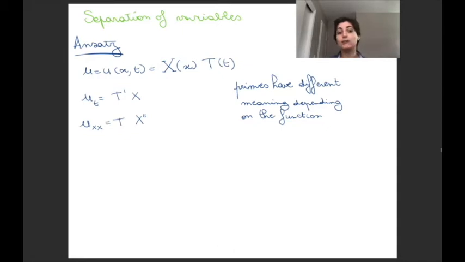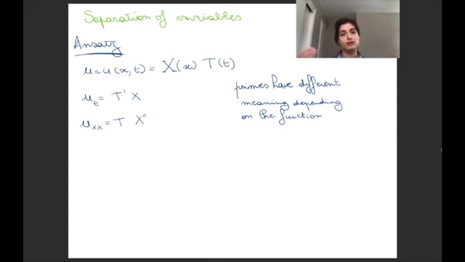Then the derivative of u with respect to t is T prime times X, and the second derivative of u with respect to x is T times X double prime. Notice that primes here have different meanings depending on which function you're taking the prime of. So T prime means T derivative with respect to time.